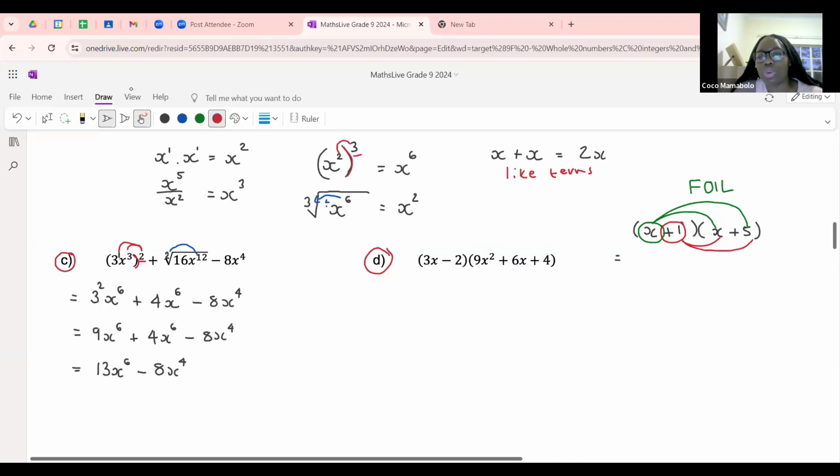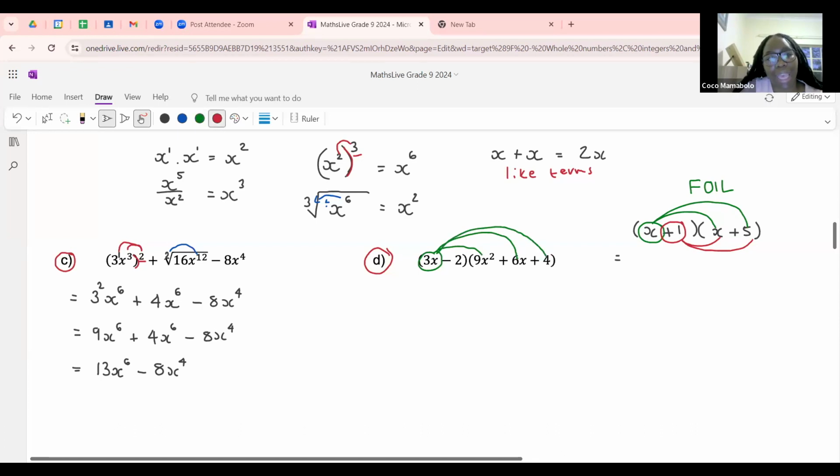So when we get to a question like this, I'm going to take everything in the first bracket, and I'm going to make sure that the first thing multiplies everything in the second bracket. Okay, that's basically what I'm going to do. So I'm going to take 3x, and I'm going to ensure that 3x multiplies 9x squared, and it multiplies 6x, and it multiplies 4.